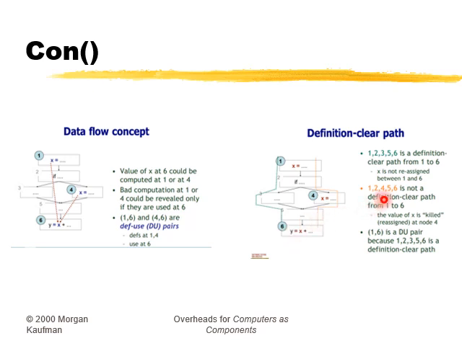So 1, 2, 4, 5, 6 is not a definition-clear path. Why? Because the value of x is killed, reassigned at node 4. Rather, 1, 2, 3, 5, 6 is a definition-clear path. So 1, 6 is a DU pair, because 1, 2, 3, 5, 6 is a definition-clear path.